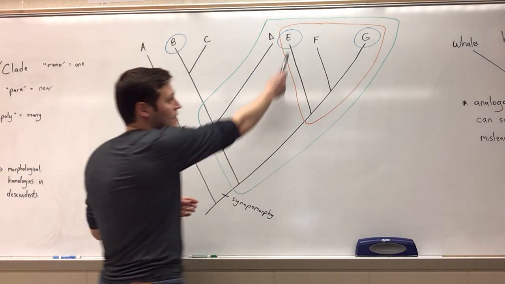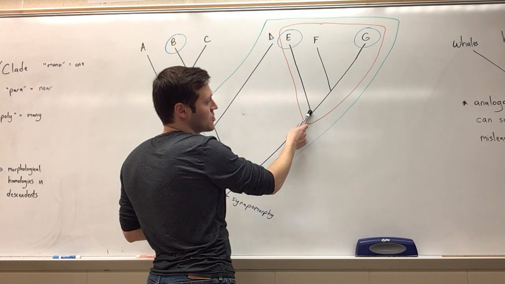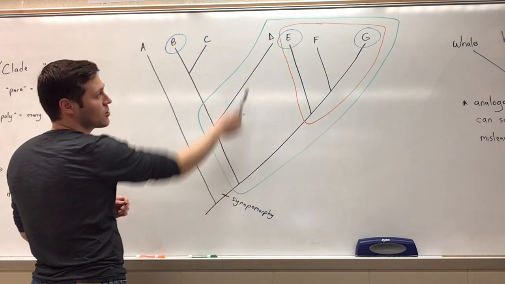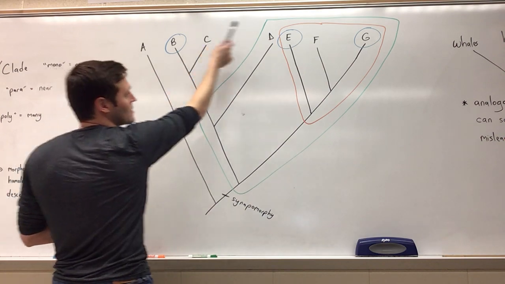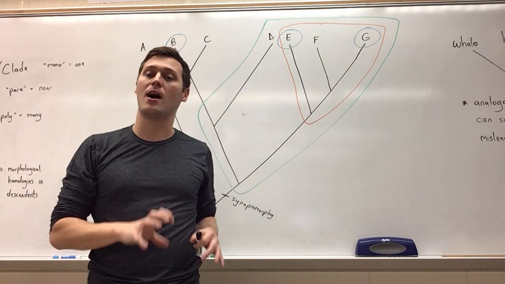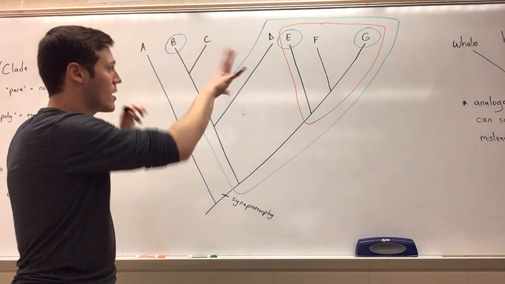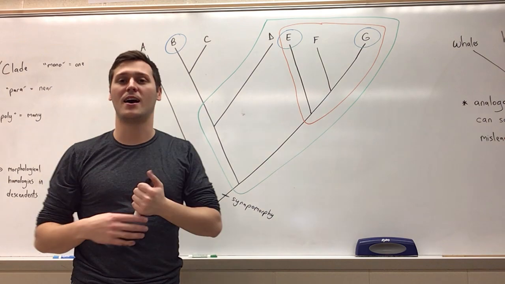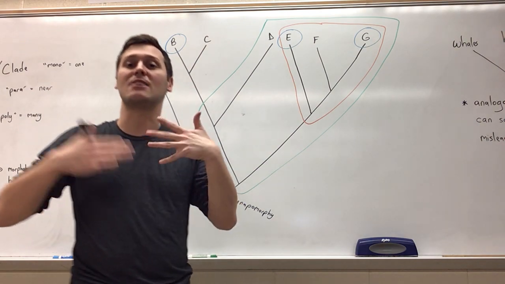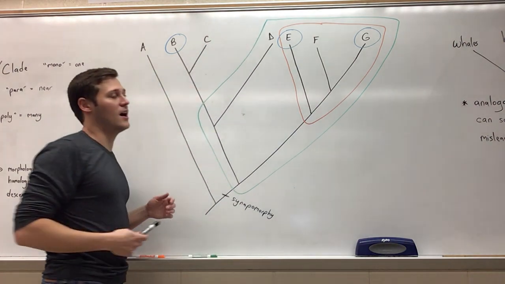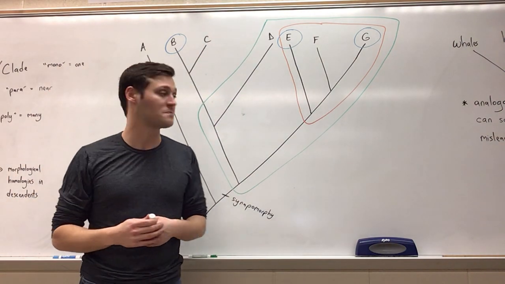So E and G have a common ancestor here, but we're not considering F. B has a common ancestor here with E and G, but we're not considering C, D, or F. So if we just consider species without their common ancestor, almost randomly sampling them from a tree, then that is a polyphyletic group. Poly meaning many, so we have many different spots in the tree.